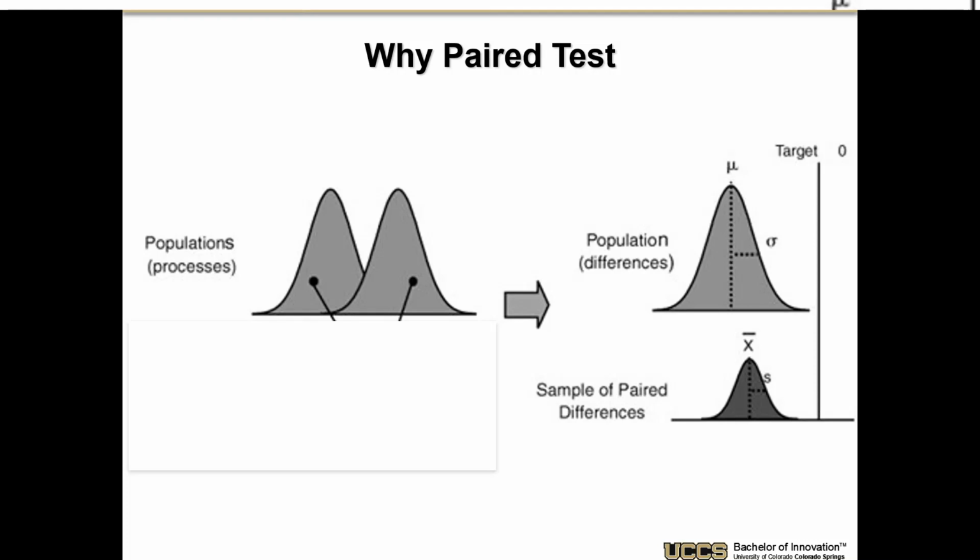A classic example of this is to think about two algorithms, one of which has performance that looks like this in terms of speed, and another algorithm looks like this. If I look at these from a pure t-test, with this mean and this mean, there's no way to decide that there's a significant difference, because there's so much variance.